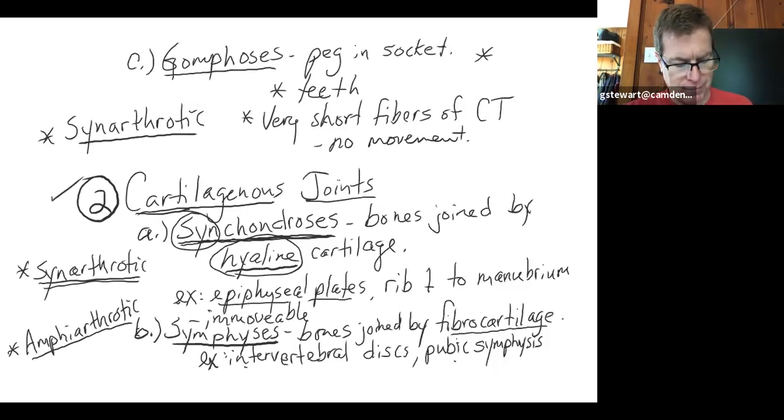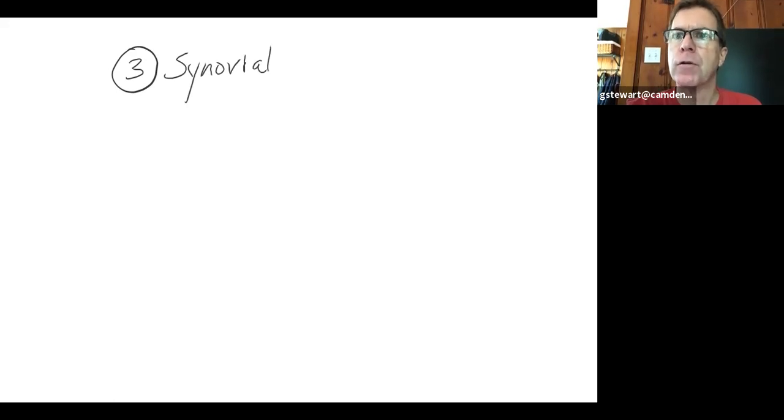Now let's go on to big category number 3, and there are no subcategories, which makes it easier. Number 3 of structural classification, these are called synovial joints. This is more common to what you and I think of when we hear the word joint.